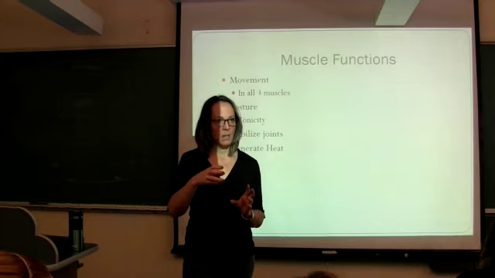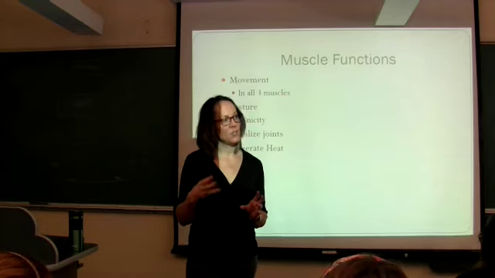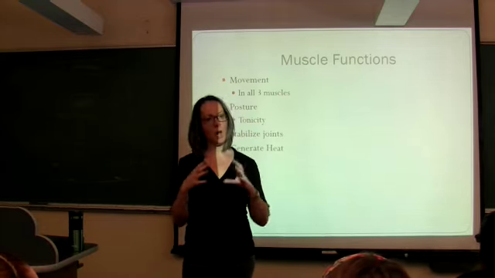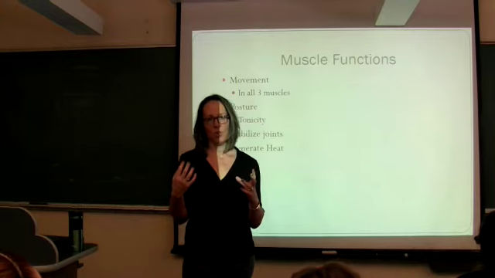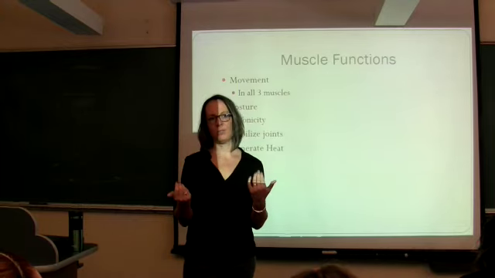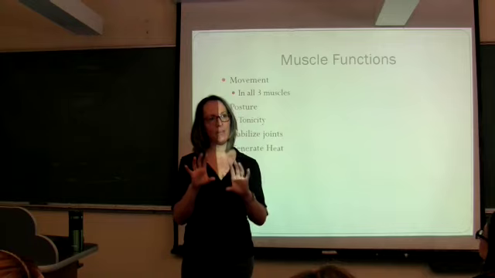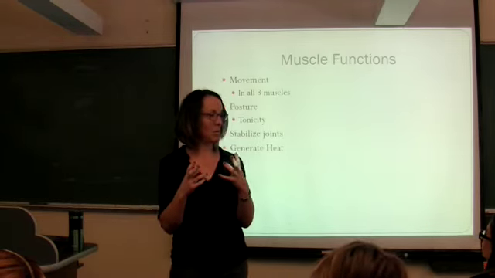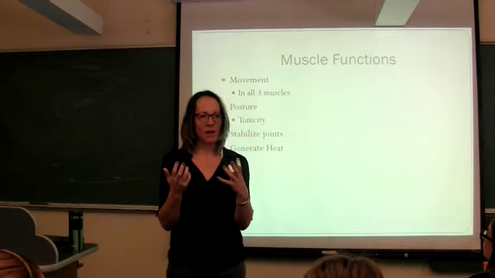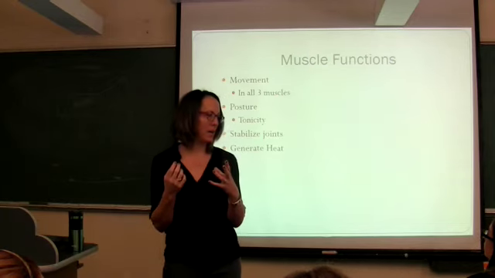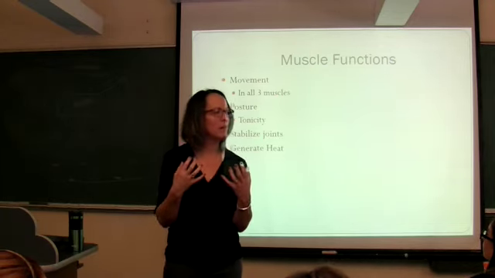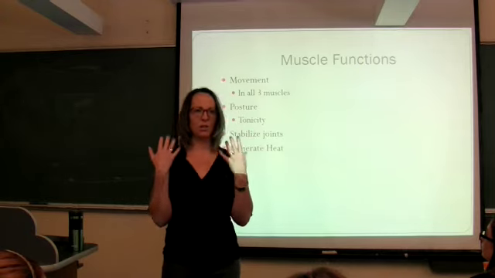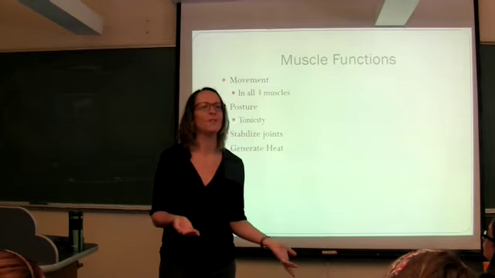In your postural muscles, that tonicity helps to keep you upright. Your posture muscles keep a slight amount of contraction at all times when you're upright, right? Think about it. If you weren't constantly micromanaging your back muscles and your neck muscles, you'd just fall over.